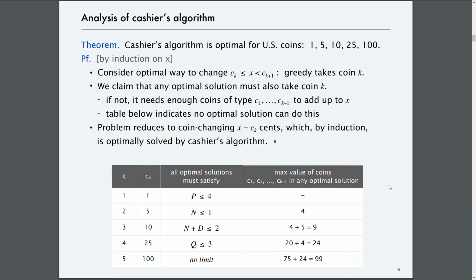So when we remove coin k, we have reduced our problem into a coin changing problem for x minus the kth coin cents. And by induction, that is solved by our cashier's algorithm. So this is just a table based on the properties we showed before.